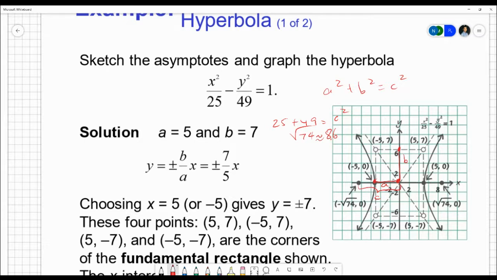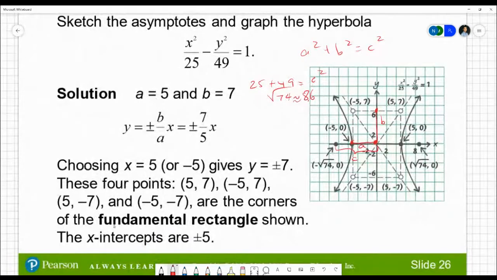So you can see we have our rectangle that we can create from this. The A value is from the center to the vertex, so this entire thing here is 2A. That gives me one side of the rectangle, and double the B value gives me the other side.